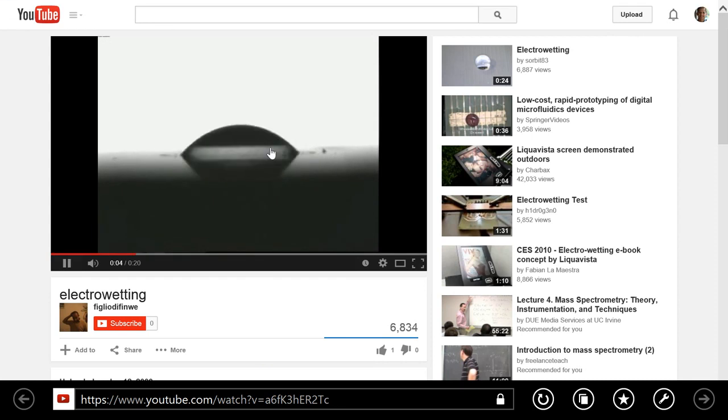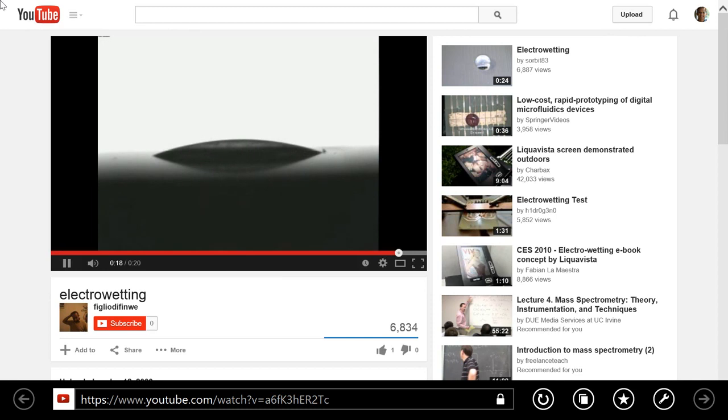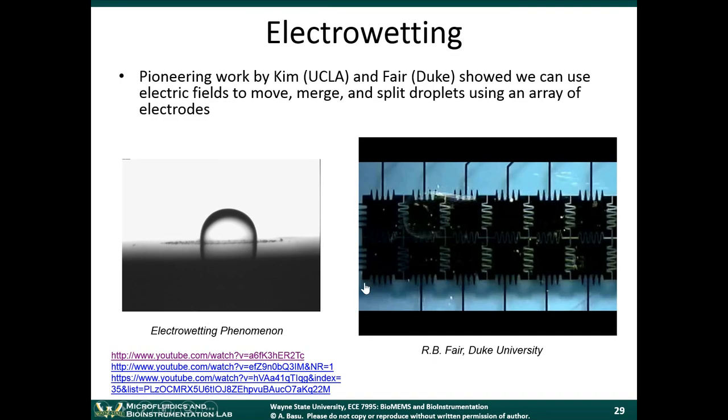This is an example of electrowetting. You see how the shape of the droplet is changing? We'll talk more about electrowetting later, but what it does is that there's an array of electrodes on the surface.